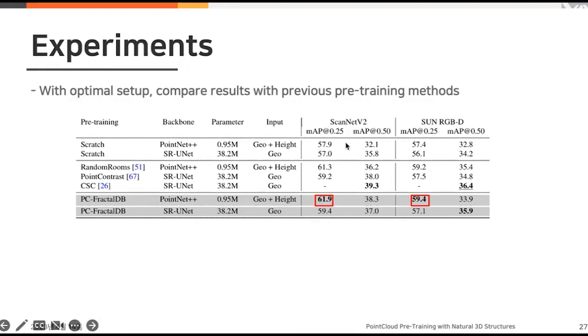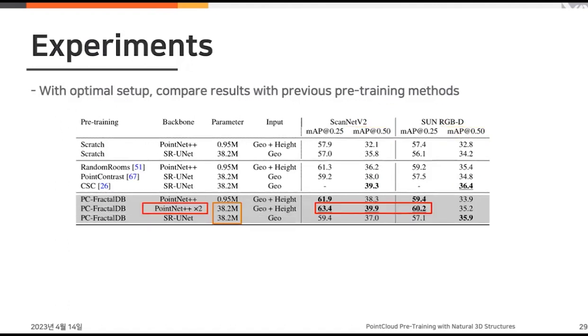And for mean average precision score with IoU threshold 0.25, we can see that PointNet++ pre-trained on the PC-Fractal database shows the highest result for both fine-tuned datasets, ScanNet version 2 and SUN RGB-D. However, for mean average precision with threshold 0.5, the CSC method with SR-UNet backbone network showed the highest result.